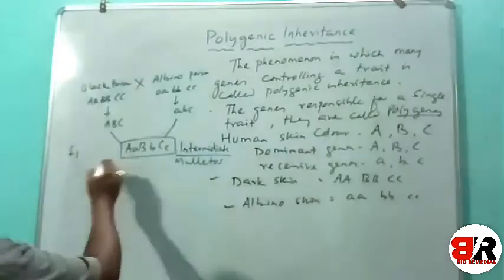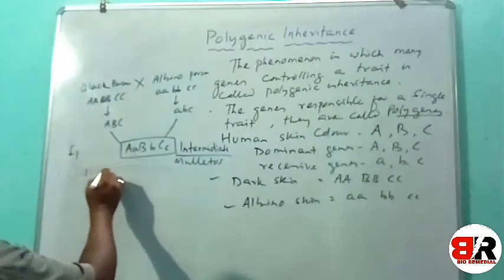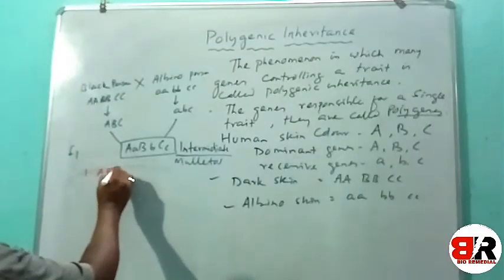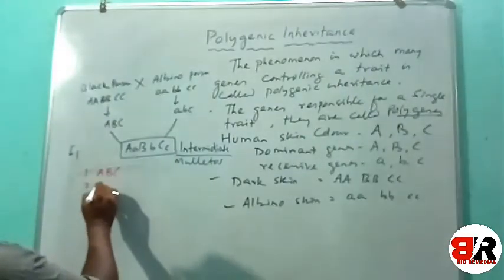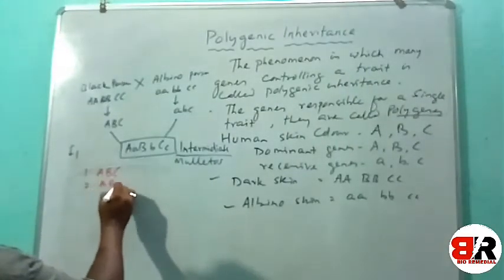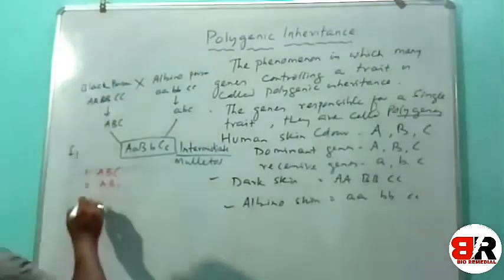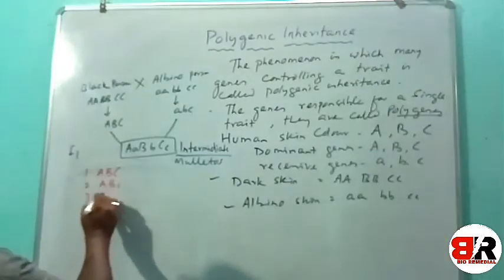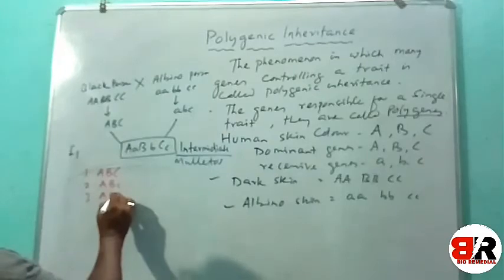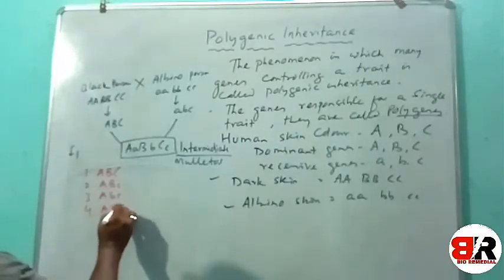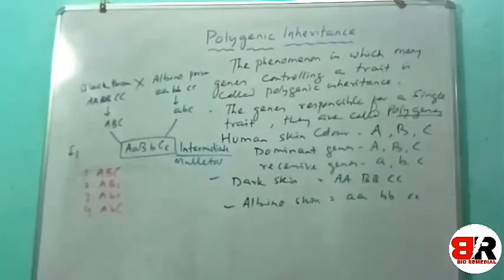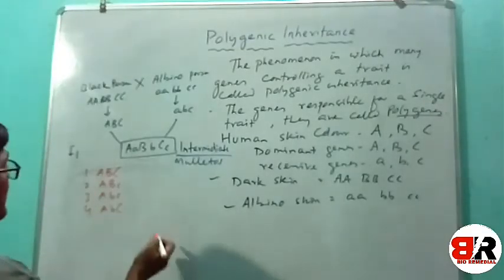One gamete will be ABC, all capital. Then the next gametes will be two capital and one small c. Then capital A with both small, then capital A, one small and one capital. So these are four types of gametes, and again another four types.